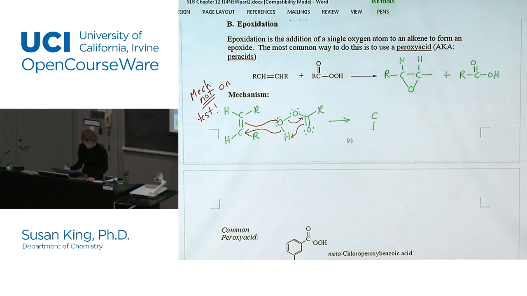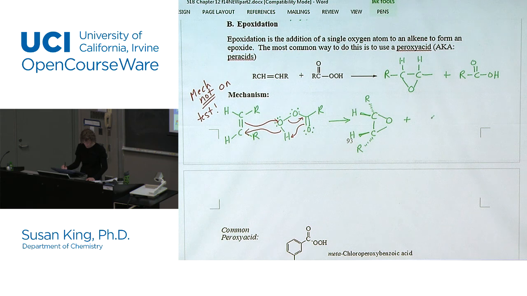And I am going to show stereochemistry here. And the reason I'm showing stereochemistry here is because we have stereochemistry about the alkene. We see that we start with a cis alkene. If we start with a cis alkene, we will get the cis epoxide.